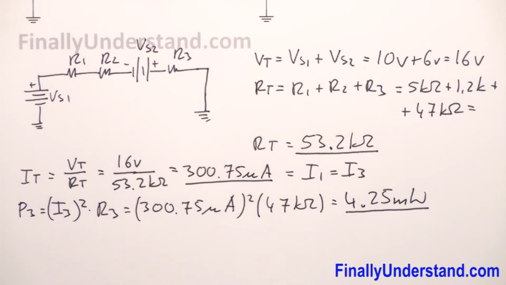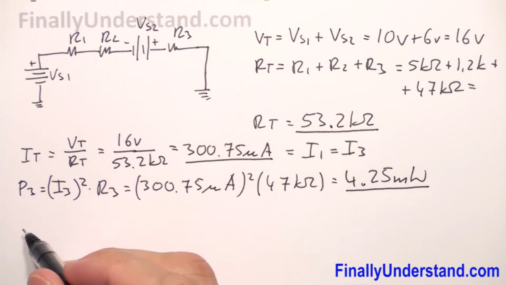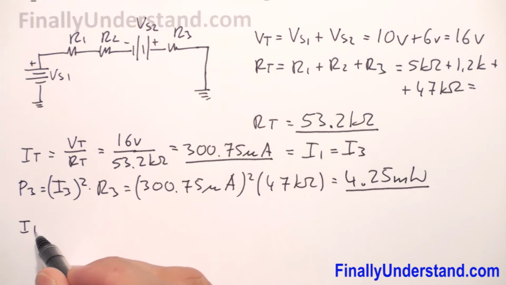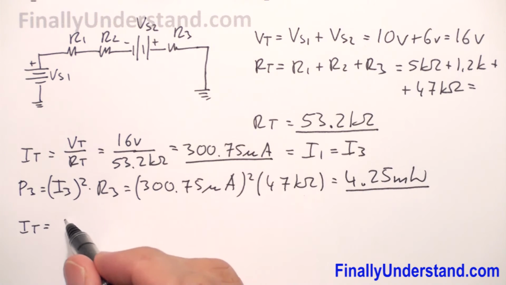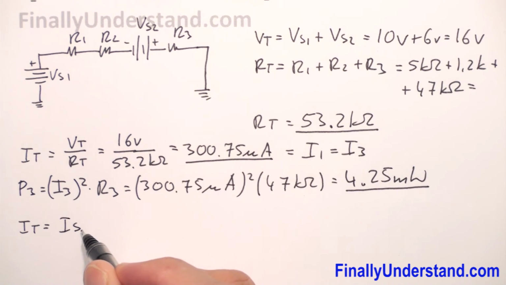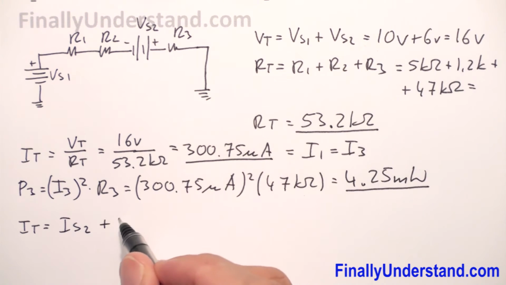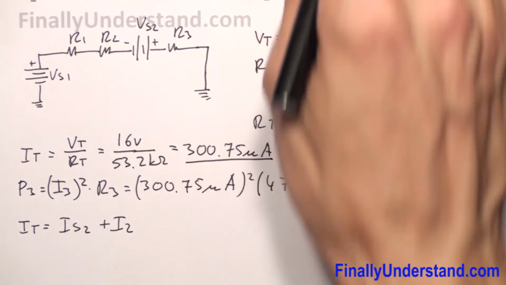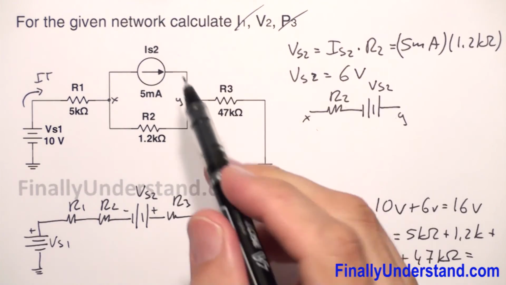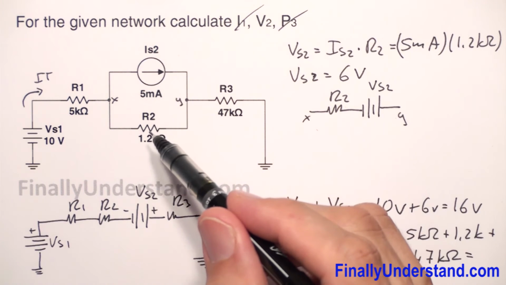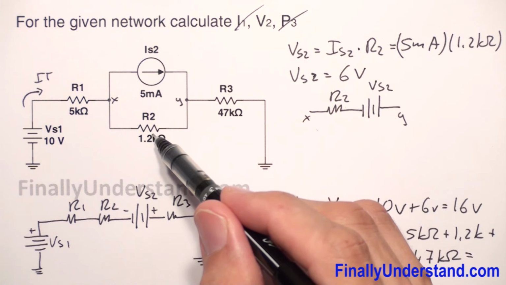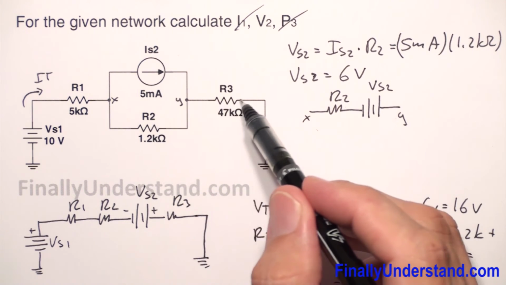So, I total is equal to I source 2 plus I2. This current plus this current is going to give me total current.